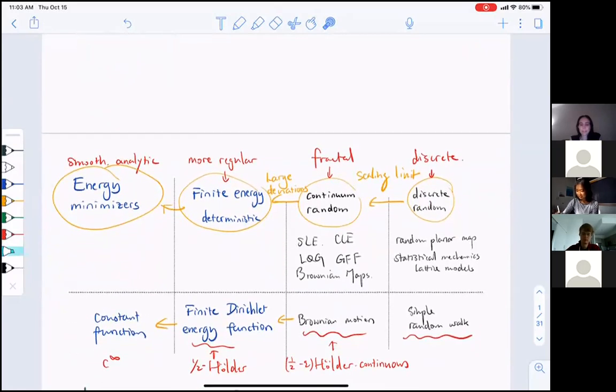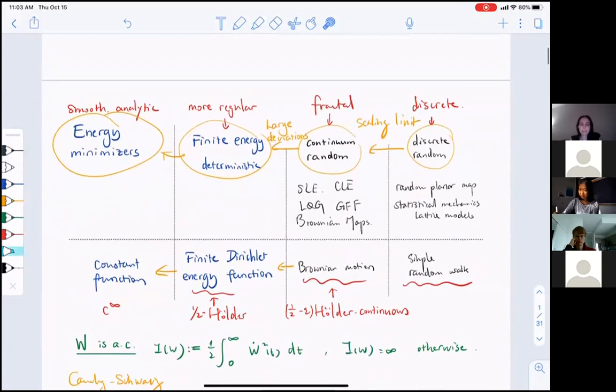On the random continuum side, you have Brownian motion, and it is the scaling limit of simple random walk. And the large deviation rate function of Brownian motion, by Schilder's theorem, gives rise to functions with finite Dirichlet energy. And the minimizer of Dirichlet energy will be a constant function.